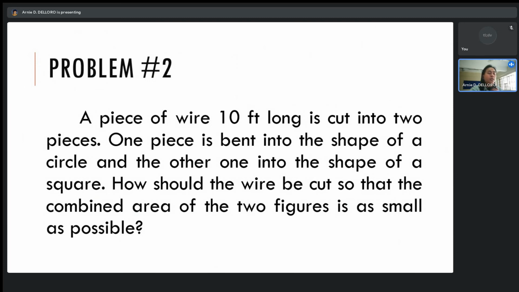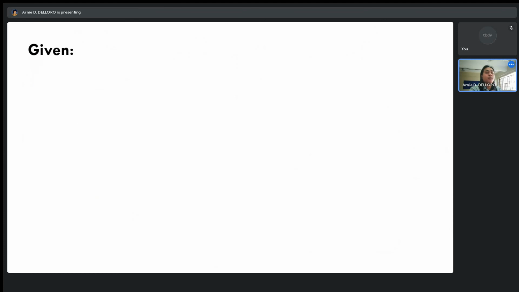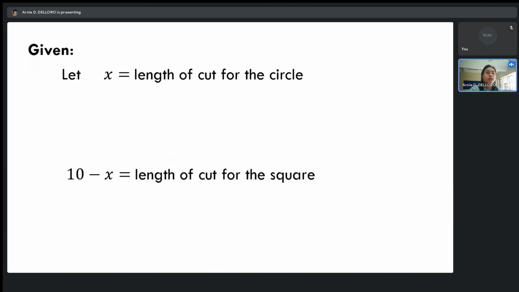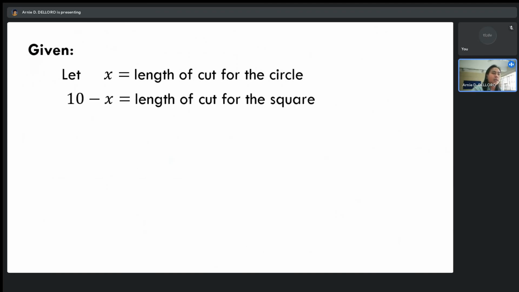Okay? So, paano natin to i-solve? Okay? We have the following given information or i-represent natin yung variable. Ano po? So, we let x be the length of cut for the circle and 10 minus x be the length of cut for the square.